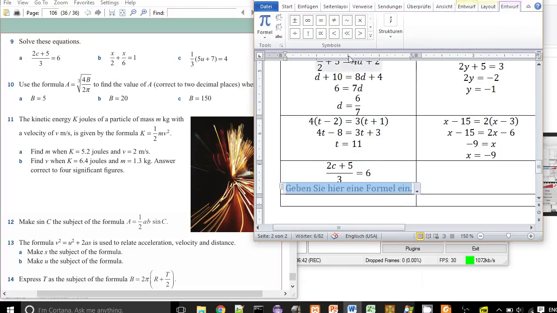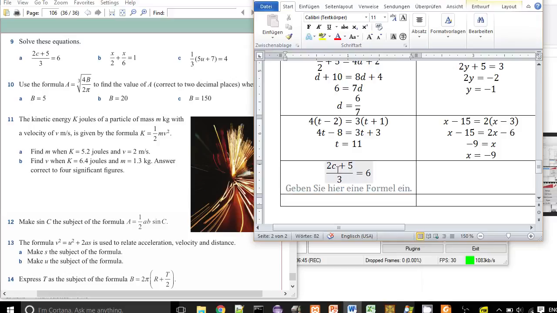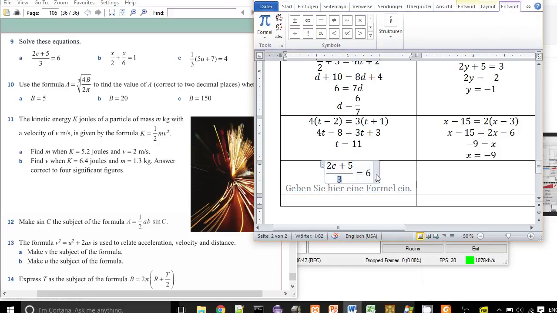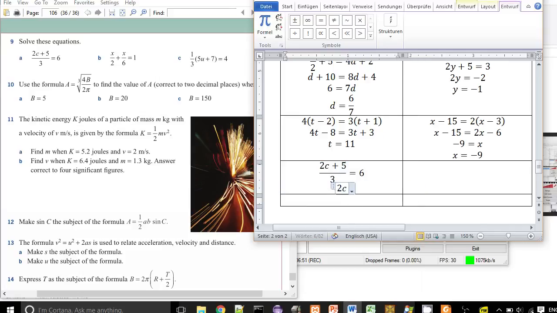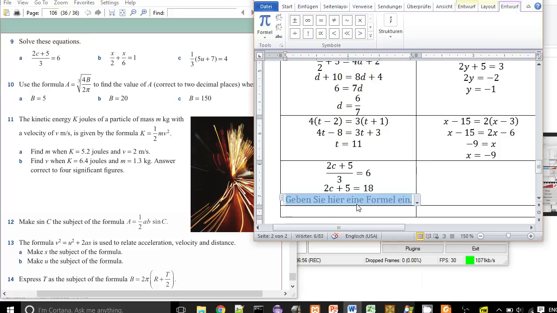Now, the first thing I need to get rid of is the 3 here. So you need to times by 3, the opposite. So 2c plus 5 has to equal 18. Just imagine again, if you cover that with your hand, something divided by 3 is 6, it has to be 18.